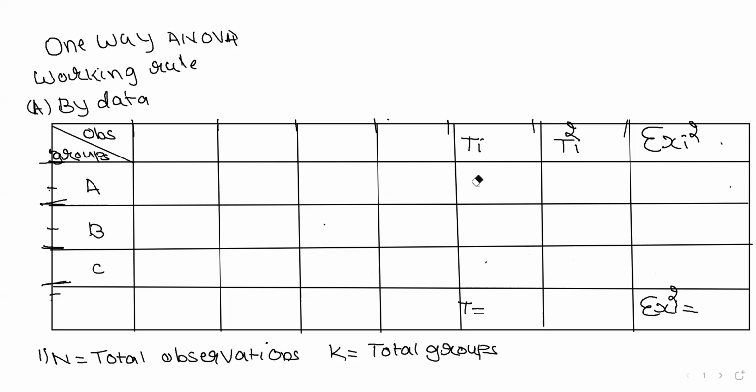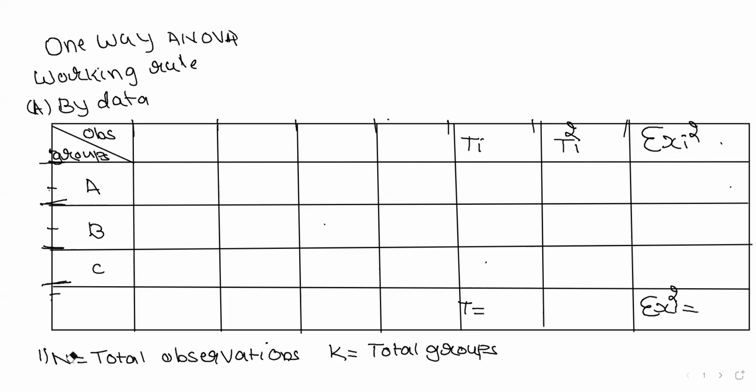Now add all these Ti, this plus this plus this equals the T value, meaning the sum of the total observations, that is T. Ti square is not necessary here, but the summation of xi square is necessary: this plus this plus this equals the summation of xi square.